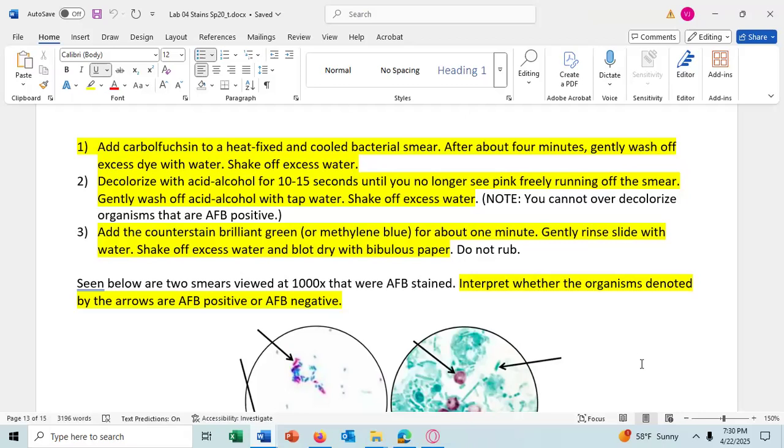Get the worst of the excess water off and blot with bibulous paper or blotting paper. So once again, you get your slide, rip off your bibulous paper, and then blot the bibulous paper over the slide. Any question about any of that?